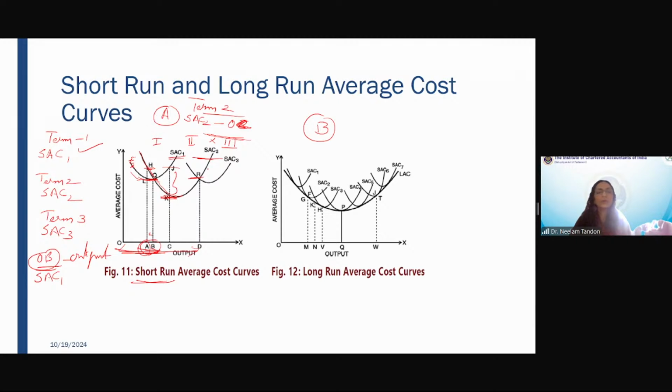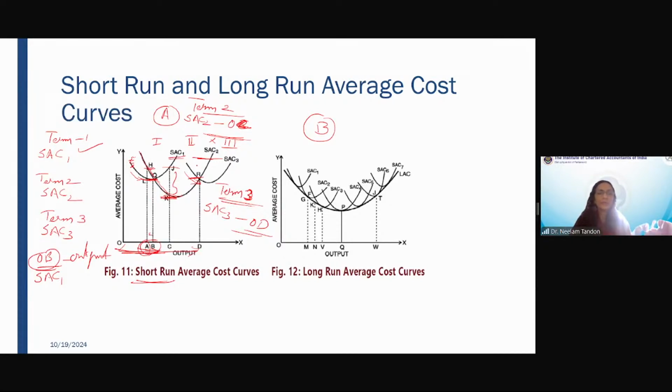Cost is increasing, no? But if the firm operates on SAC3, then the cost is decreasing. So for OD level of output, that means for term 3, on SAC3, the firm should operate at OD level of output, and the cost will be minimized because the cost will be DR.